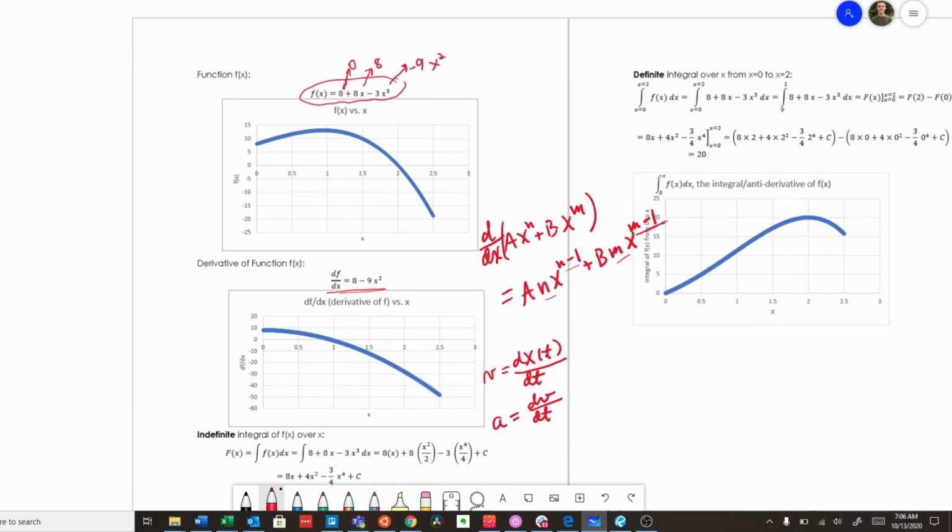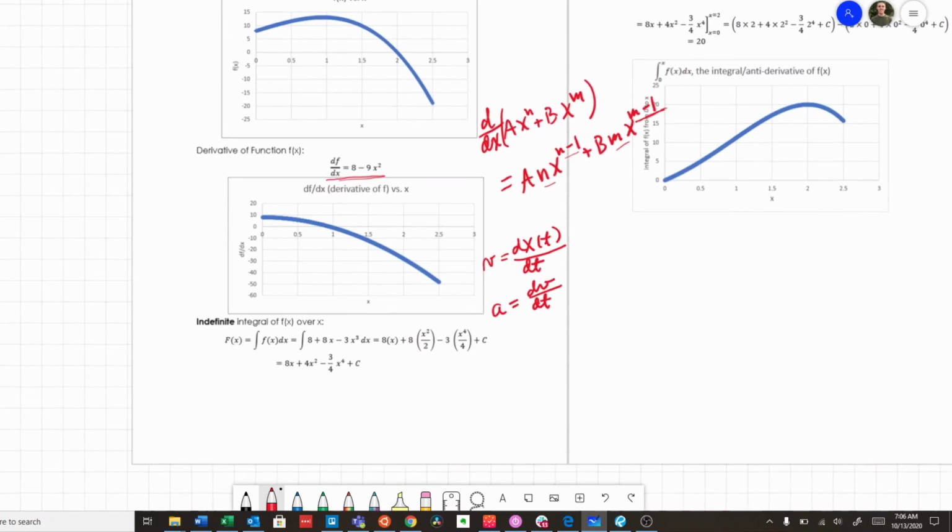Now, let's talk about going in the opposite direction. Well, let's say that you wanted to have some function, capital F of x, such that when you take its derivative, it will be equal to this ax to the n plus bx to the m. Well, since you know how the power rule works, you know a bit about what this function should look like.